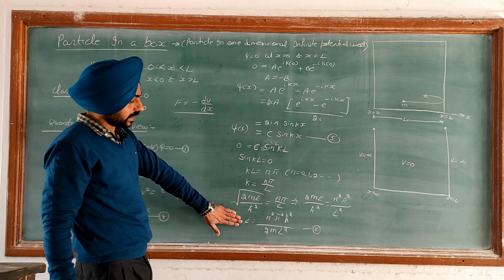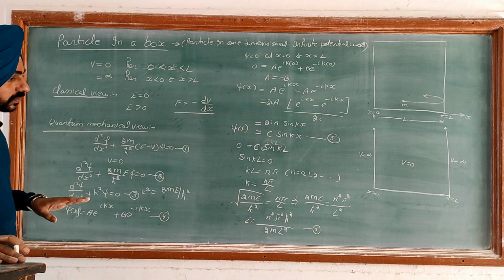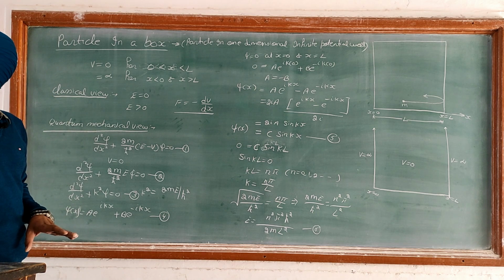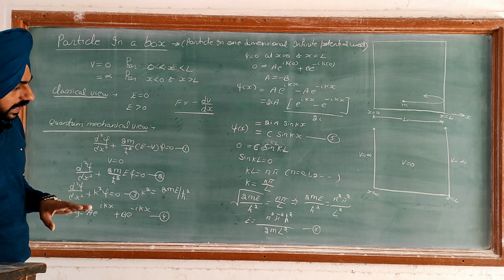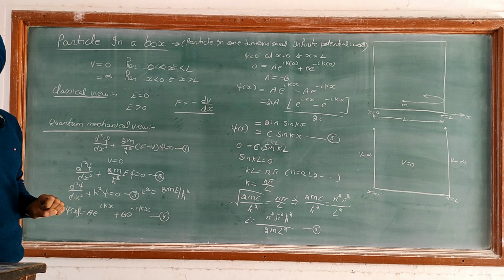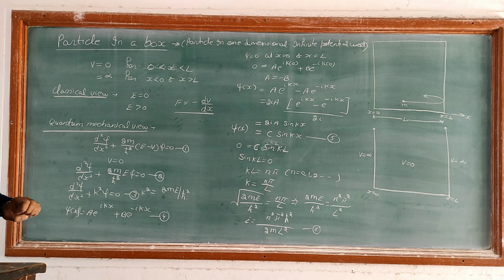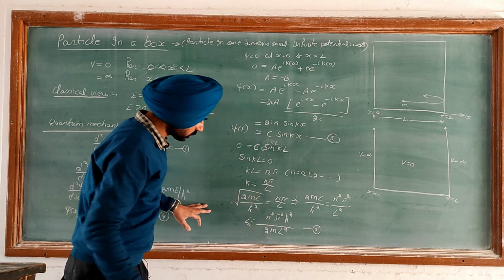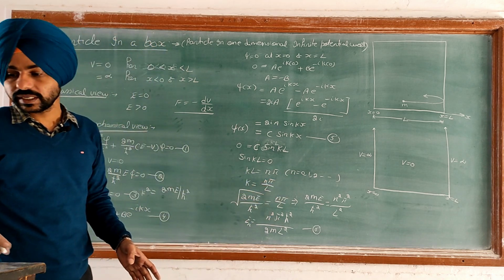So what is this E? E is the energy of the particle. So E is n square pi square h cut square upon 2mL square. So what is n? n is the quantum number. E depends on n, so let us denote the energy of the particle by En, because it is a function of n, with n equal to 0, 1, 2 and so on.